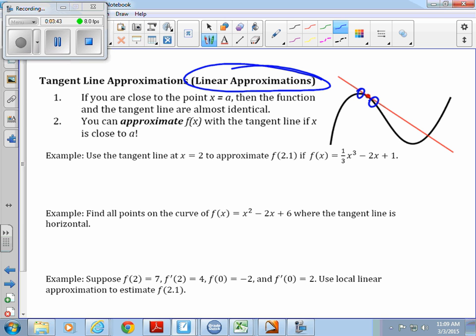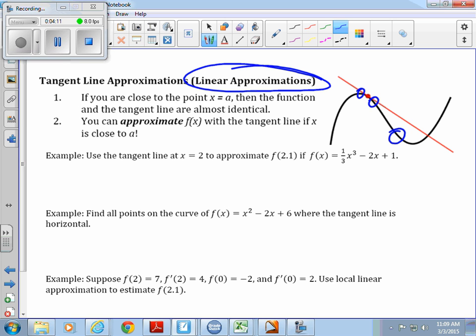Does everyone see that? Now, if I'm talking about the tangent line at 2, would I use that to approximate 5? Oh, that one's a bad example, because it crosses again. Would I use it to approximate something down here? That would be a horrible idea. Only something that's close. So how that's going to be worded on the AP exam: use the tangent line at x equals 2 to approximate f of 2.1.